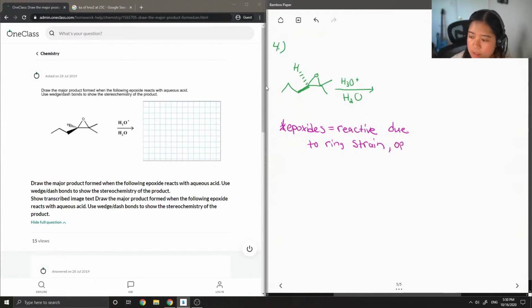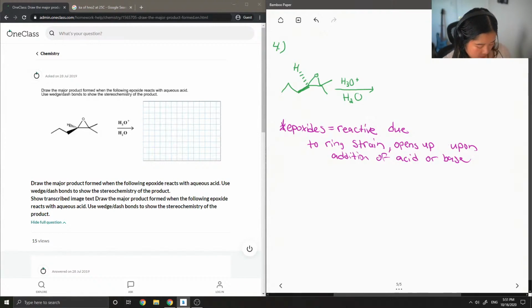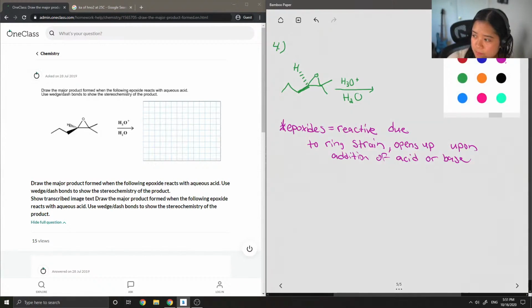Then that ring opens up upon addition of acid or a base. Yeah, so I'll write down the mechanism down here.